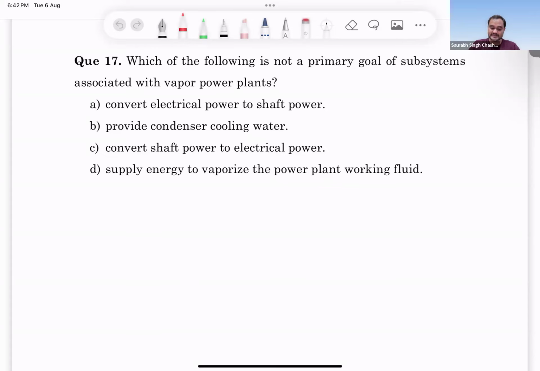So option A says convert electrical power to the shaft work. No, it is not the primary goal. Part B says provide condenser cooling water. No. Part C says convert shaft work to electrical power. And last part says supply energy to vaporize the power plant working fluid. So what should be the correct option?